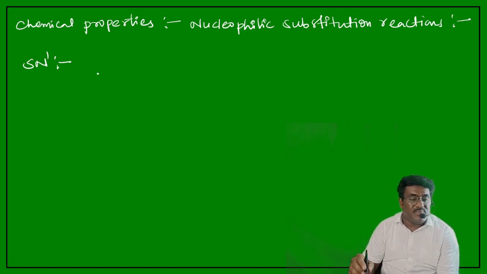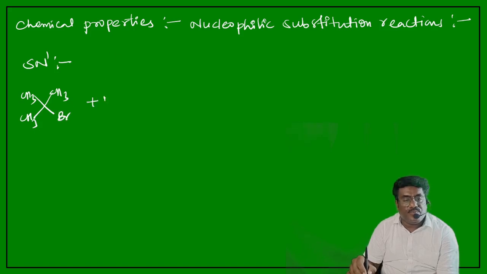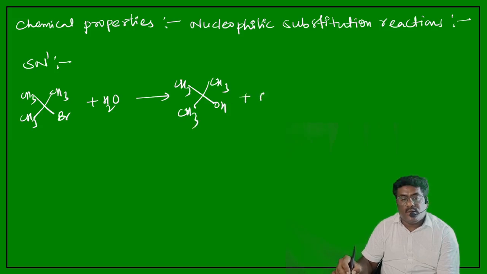Tertiary butyl bromide in presence of H2O gives tertiary butanol, plus Br minus plus H plus.